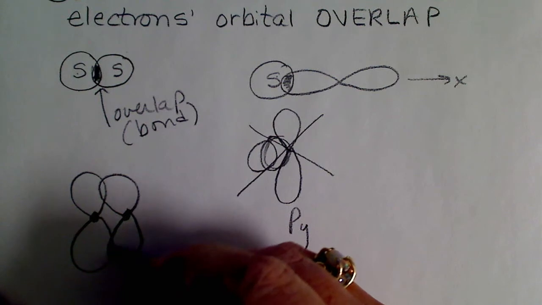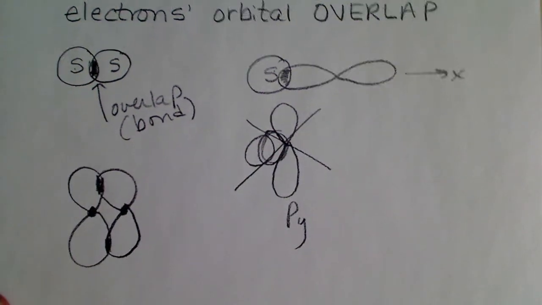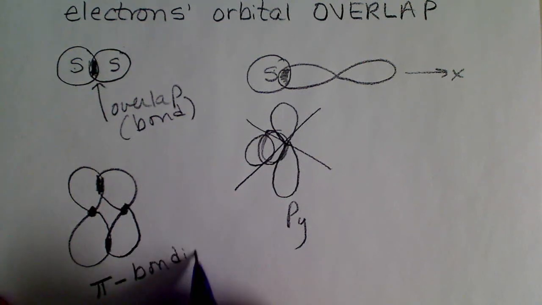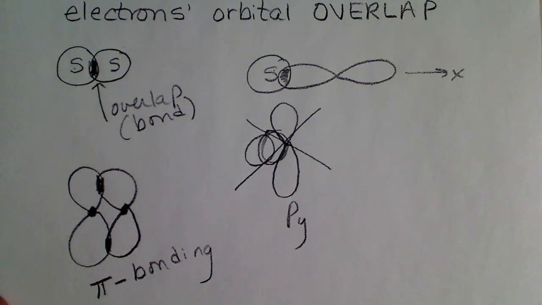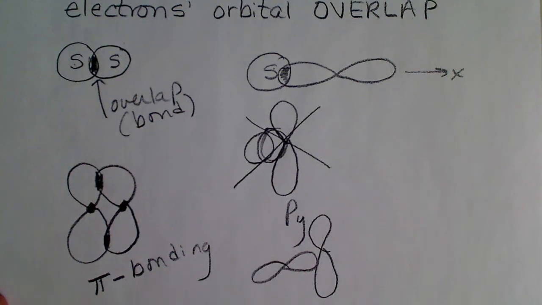So that's going to be a very special type of bonding, and when we get to that, we'll call this pi bonding. And again, a p orbital in this direction probably could not overlap a p orbital in that direction.